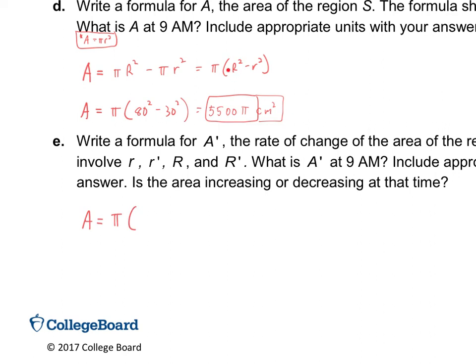The derivative of r squared, we'll use power rule and chain rule. So 2r from the power rule, and then r prime from the chain rule. And same idea for the other one, 2R from the power rule, and then R prime. I keep forgetting the notation. They want us to use the primes, sorry.